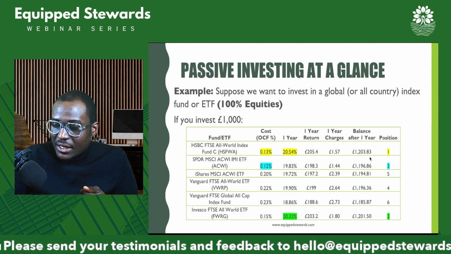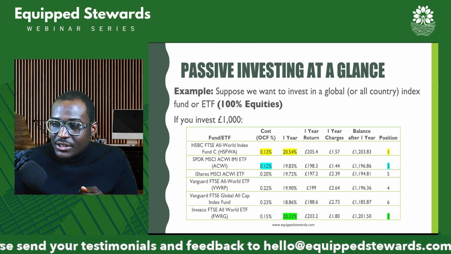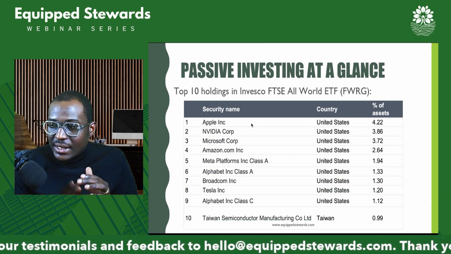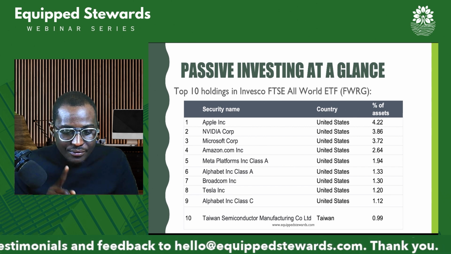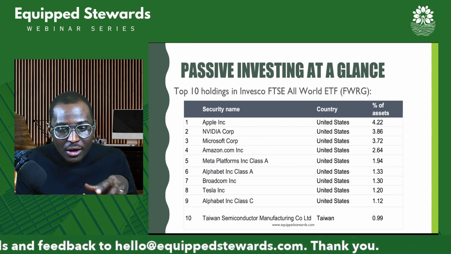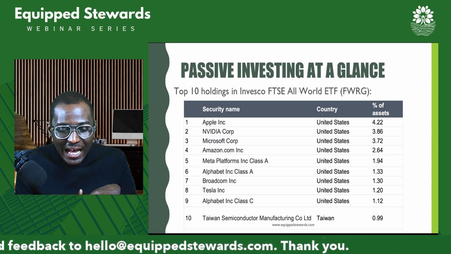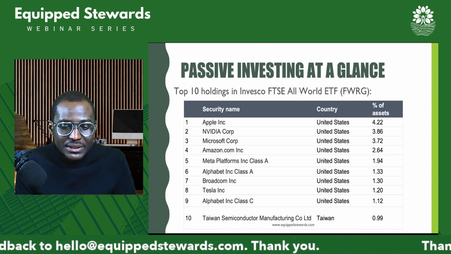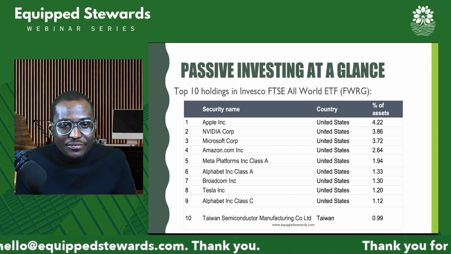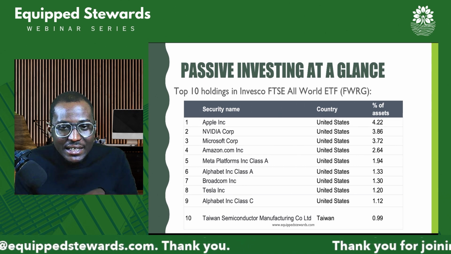So if I choose the second one and I check what are the top 10 holdings of this fund, as you can see on the screen, I have the number one is Apple. So in terms of percentage, this fund has 4.22% of Apple. So it means that if I invest in this fund, I am also investing in Apple.